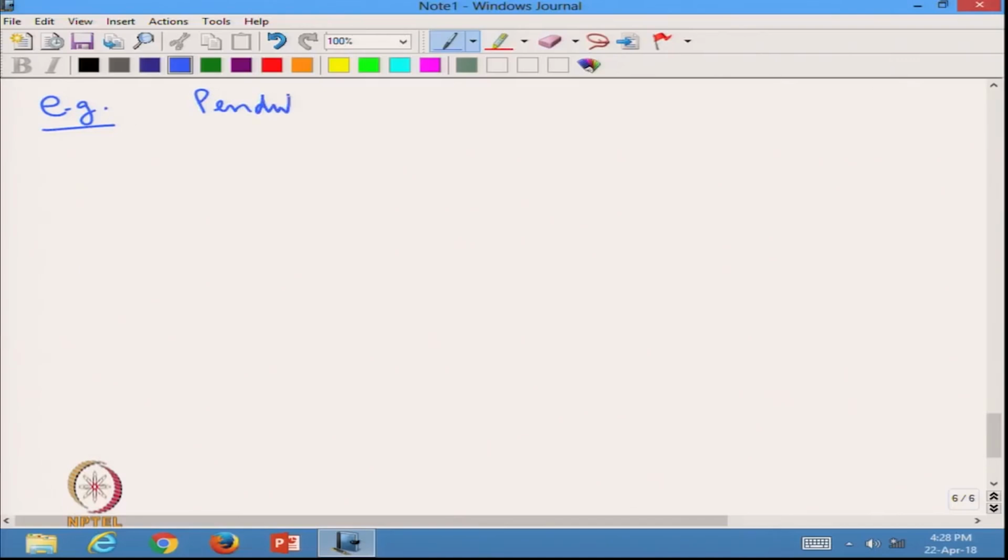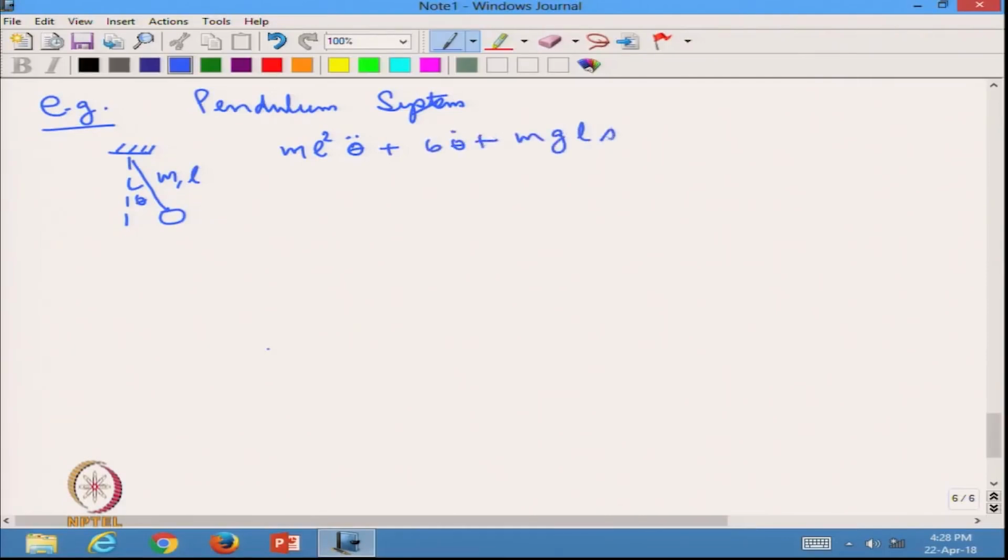So, we consider the pendulum system with a mass m and length L, and we can write down the dynamics as m l square theta double dot plus b theta dot plus m g l sin theta equal to 0. Okay. And the question is, determine the equilibrium points for the system.